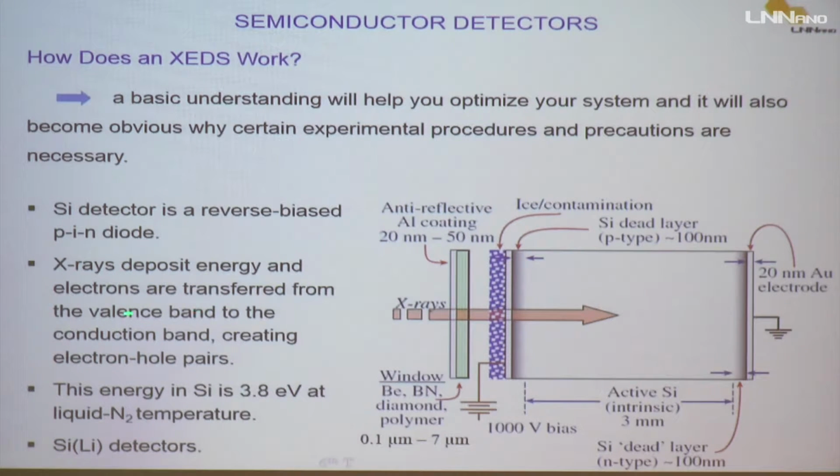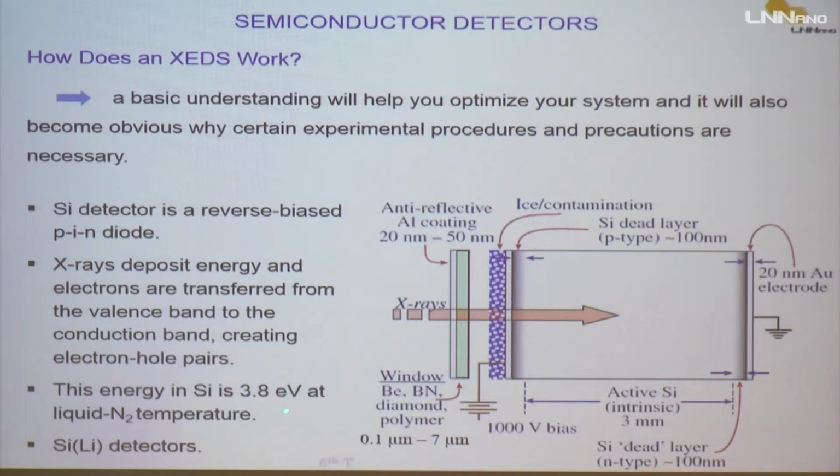The X-ray deposits energy, and electrons are transferred from the valence band to the conduction band in the silicon, creating these electron-hole pairs.